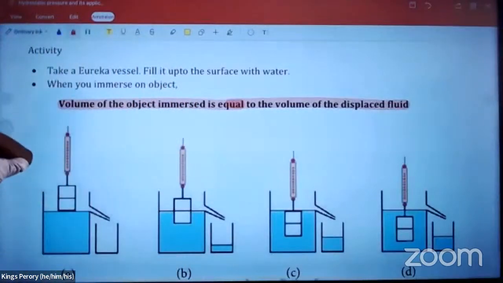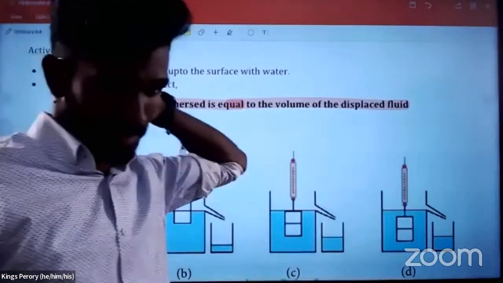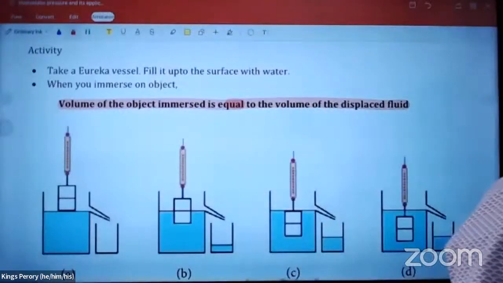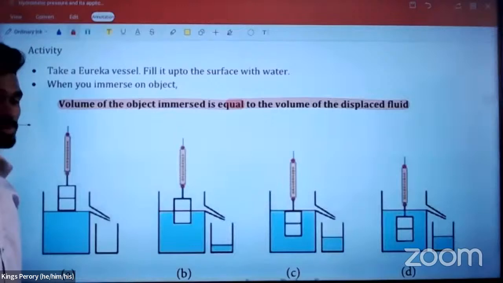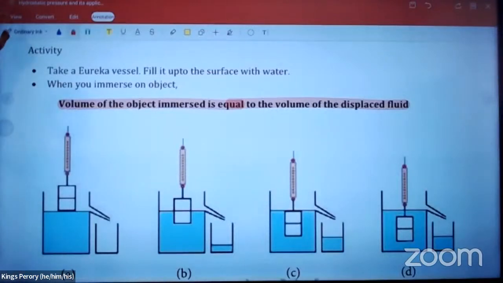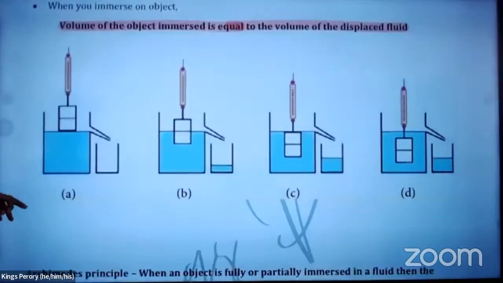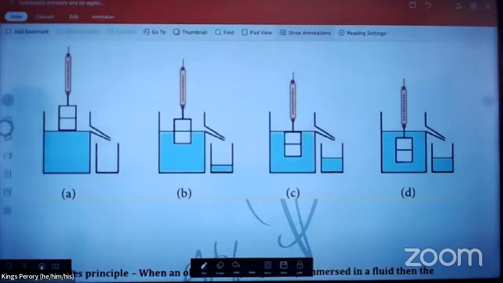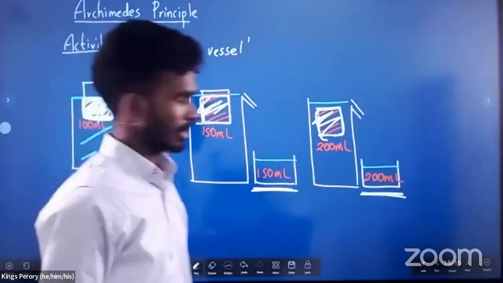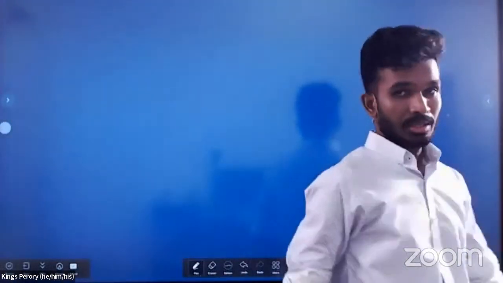Underline or highlight. Volume of the object immersed is equal to volume of the displaced fluid. Underline or highlight. That is an activity.